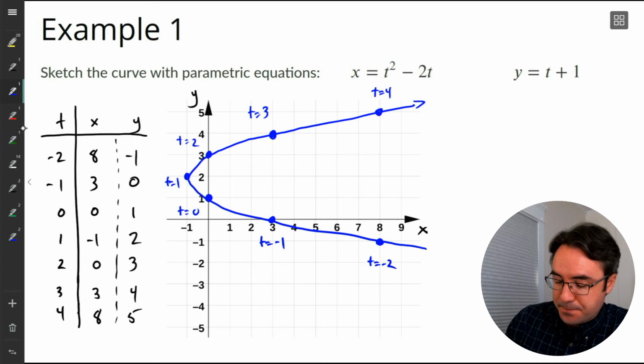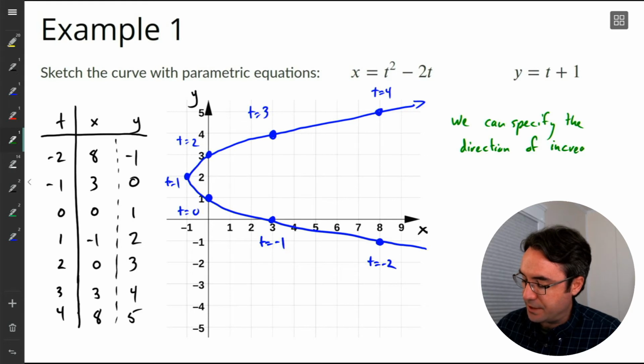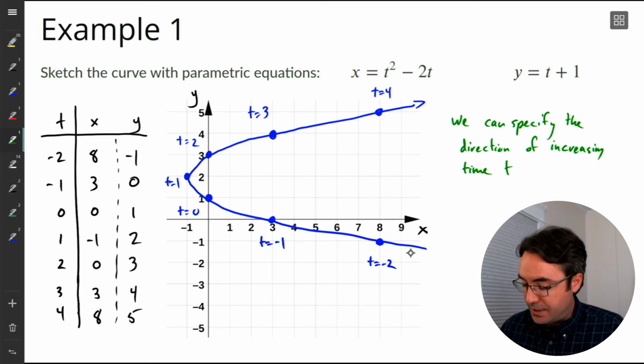So with that, we can specify the direction of increasing time. So we have our collection of points. So think of the actual curve as our collection of points, but then we're walking along that curve, so there's a direction to it. And we can see that as t increases, we're going to follow along this curve and we're going to go in this direction. So we're just going to indicate this with arrows.